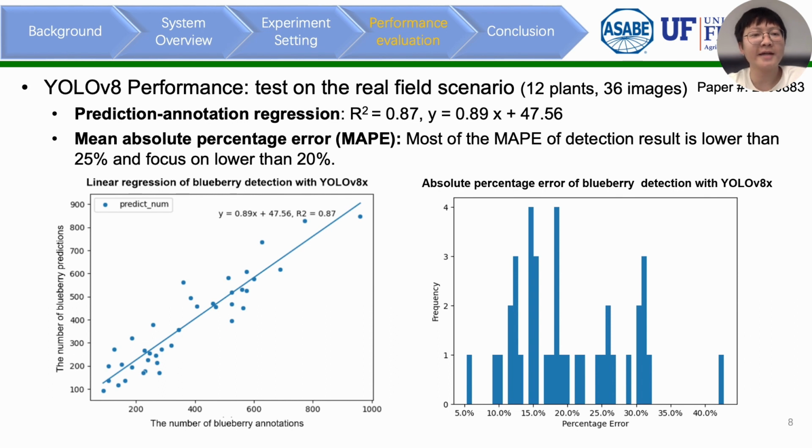We tested the YOLOv8 models on real-field scenarios. Specifically, we captured 36 more images from 12 plants, those plants with different genotypes. And then we did the prediction and annotation regression. As you can see in the figure, the R² equals 0.87. For most of the images, the mean absolute percentage error is lower than 25%, and many are lower than 20%.